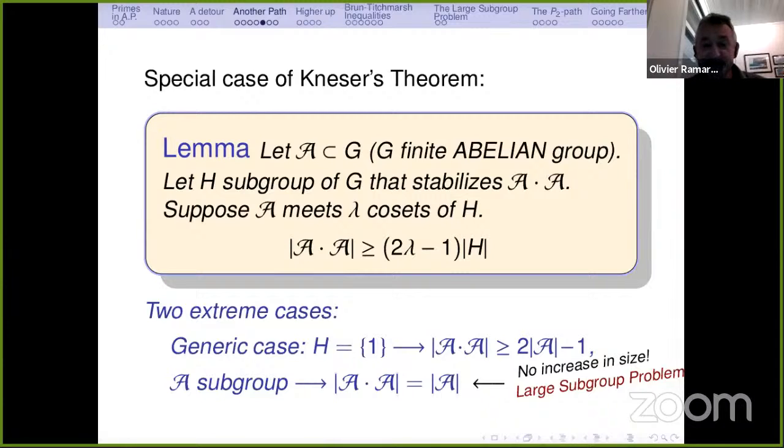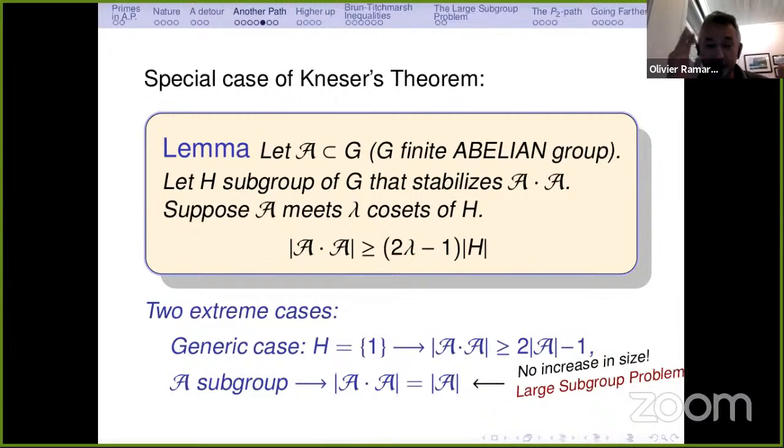And Kneser's theorem tells you how to go from one case to another, because you see, A could also be a coset of a subgroup, a single coset. Then A times A is going to be a single coset also. But A times A could be two cosets modulo a subgroup of small order.